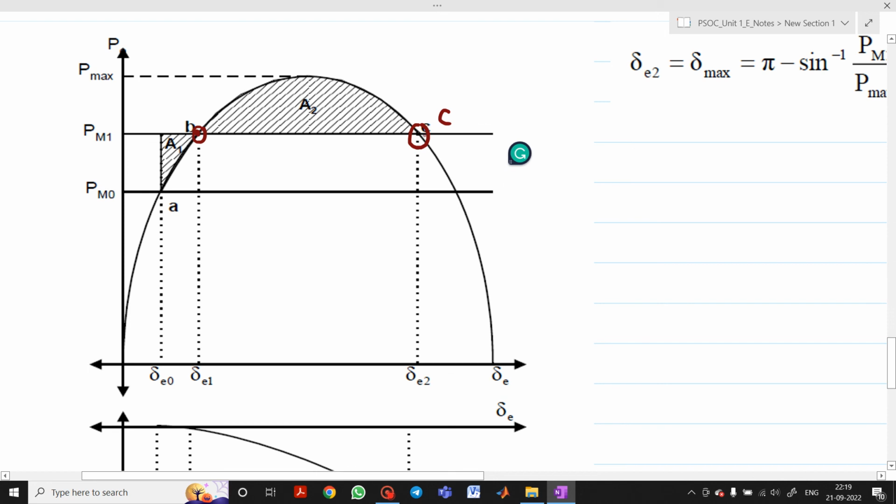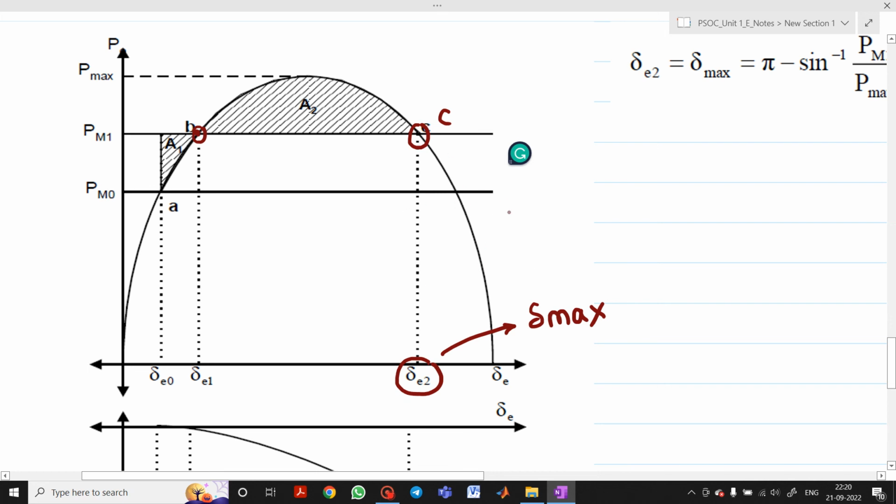It will intersect the curve at point C, which will be your delta 2, or in other words, the maximum value of load angle delta. We will discuss later the significance of this maximum value of load angle delta.